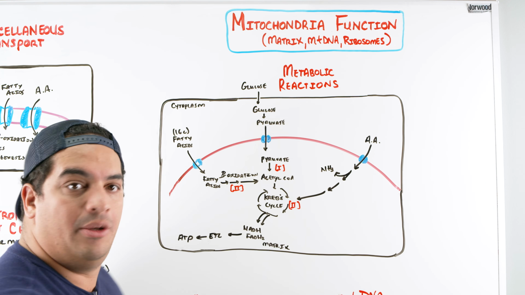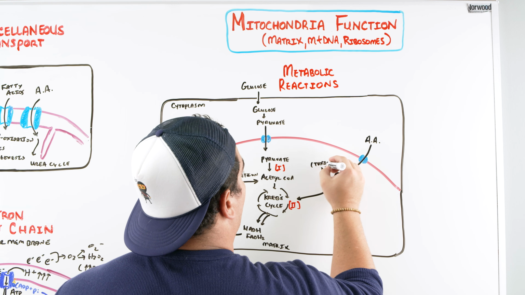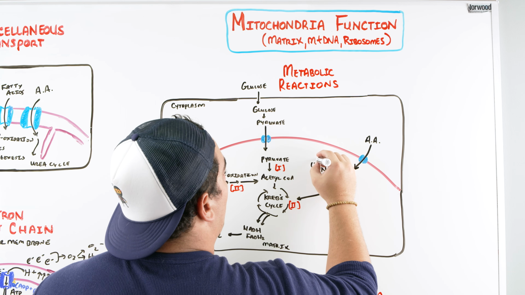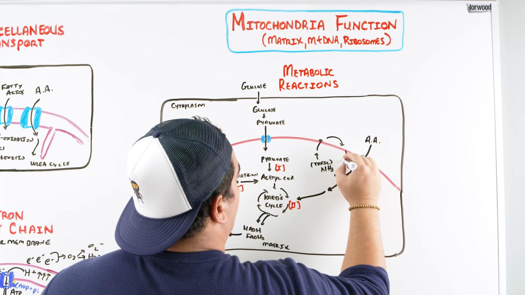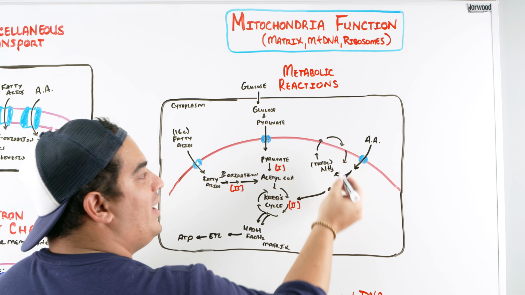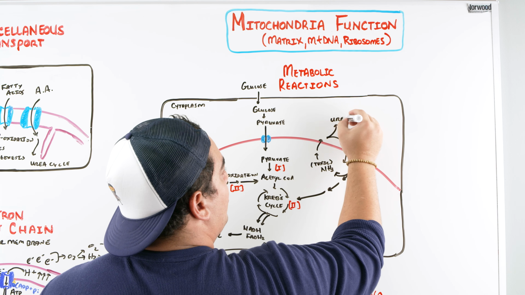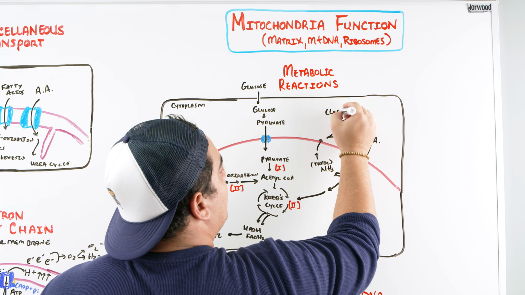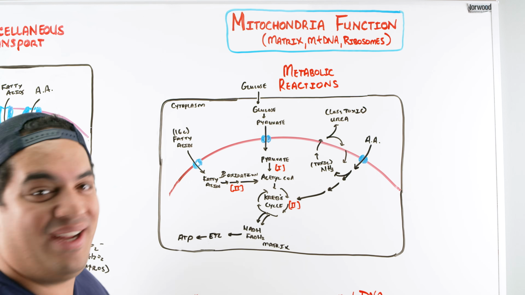And ammonia is really toxic, really nasty, that you don't want to have to deal with. So what happens is ammonia will go through a series of reactions called the urea cycle. And it liberates this molecule called urea, which is less toxic in comparison to the ammonia, and it's easier to be excreted.